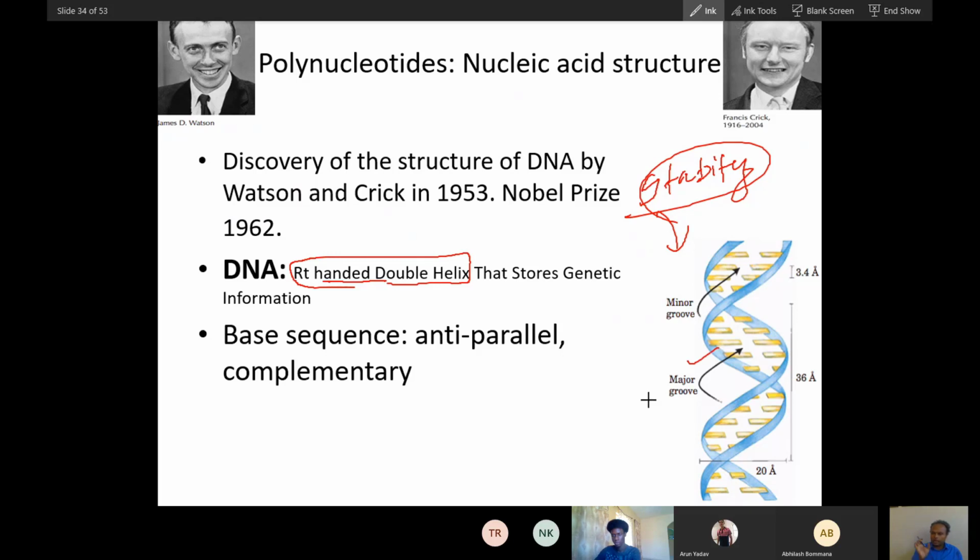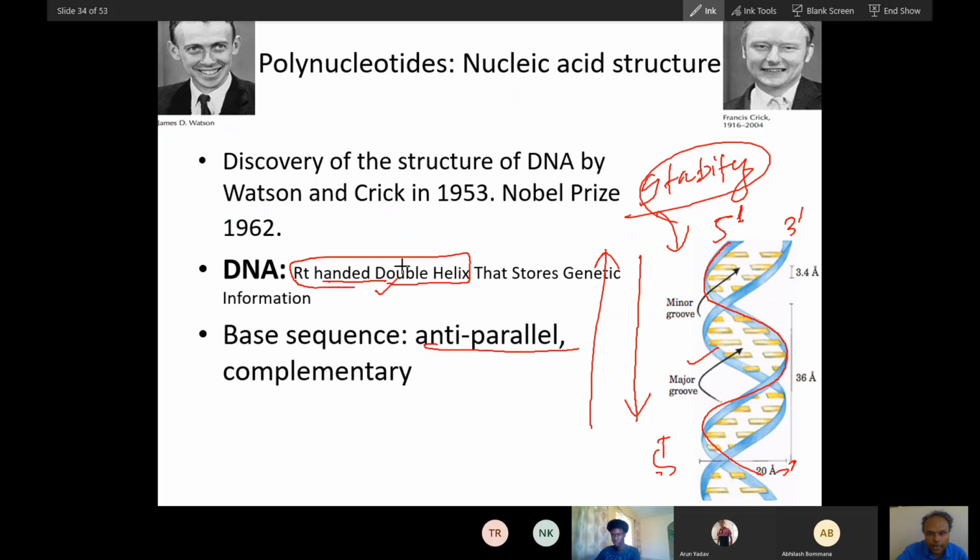Now we will see the parameters of that right-handed helix. What are the length and the breadth of the DNA helix? The DNA helix is anti-parallel. What does it mean? One strand will go from 5 prime to 3 prime, and the other strand will go in the opposite direction, 3 prime to 5 prime.